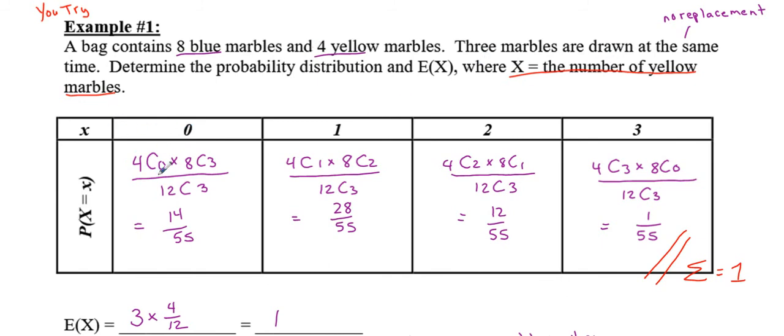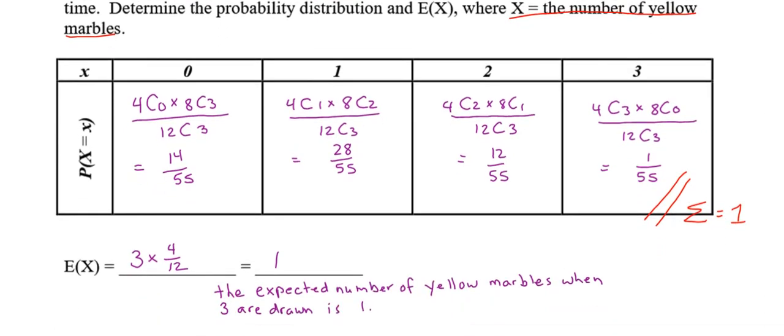So out of the 4 yellows, choose none. 8 blues, choose 3. Out of a total of 12 marbles, choose 3. That leaves 14 out of 55. Again, 1 yellow, 2 blue. There's the answer. 2 yellow, 1 blue. 3 yellow, 0 blue. And as a check, you can see that the sum is equal to 1.